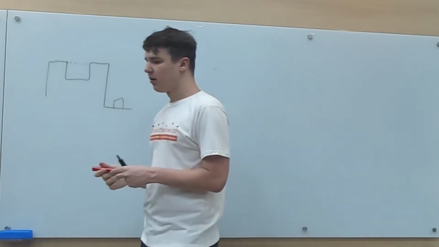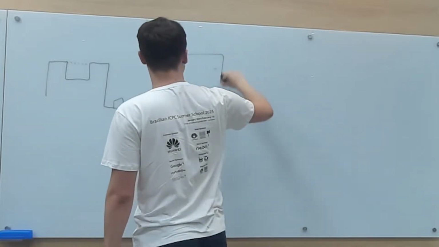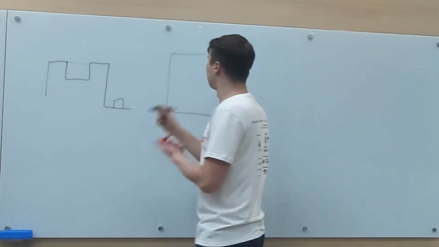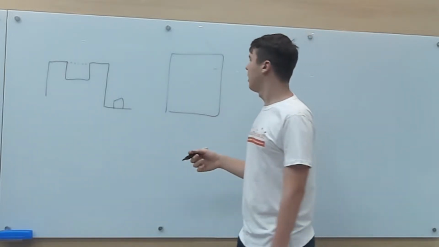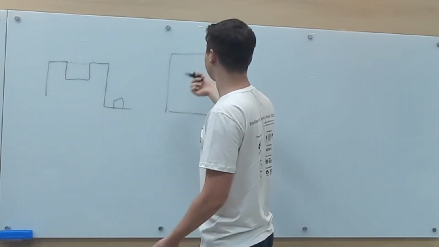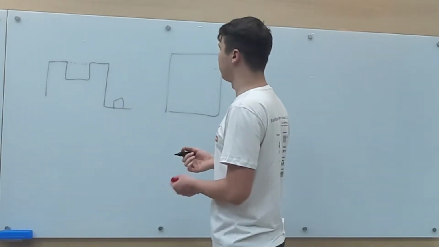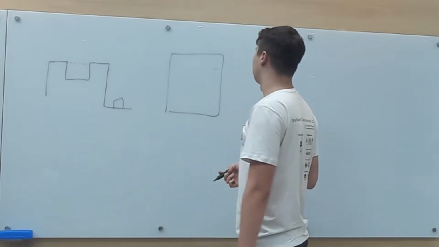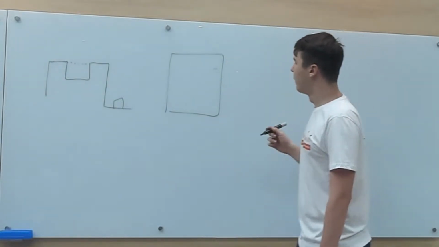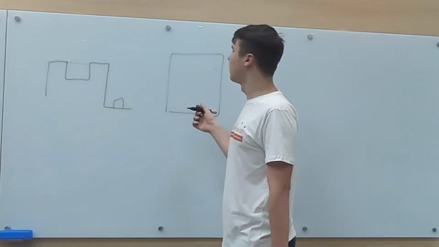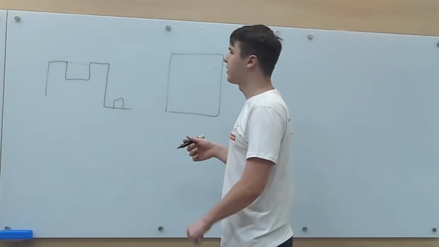Okay, the problem statement is that we have a two-dimensional map of some city, of some terrain, and each position has some altitude, and some positions belong to the city and some do not. The city is not necessarily connected, and we want to put as few pumps as possible to make the whole city not have water in its area.